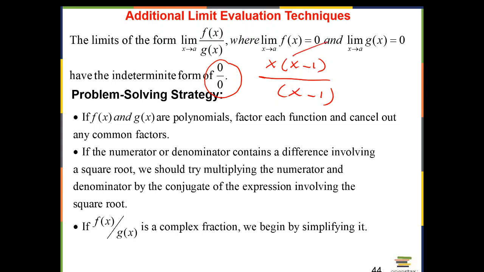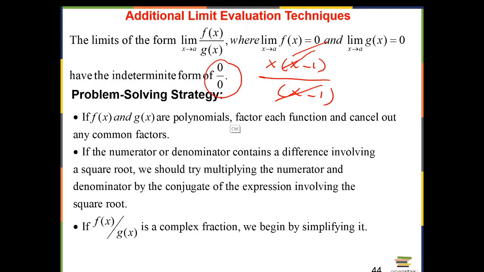But if you cancel these, then you don't get 0 over 0. So the trick is to get rid of what causes 0 over 0 in the structure. Whatever is left over after we cancel what causes 0 over 0 is easy to find the limit of, because we can just substitute.